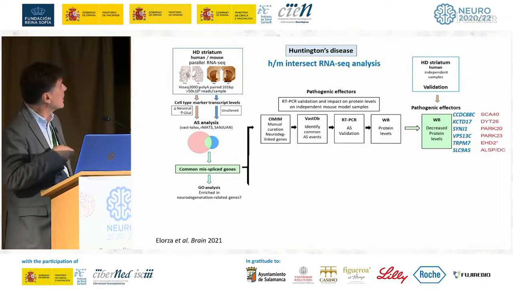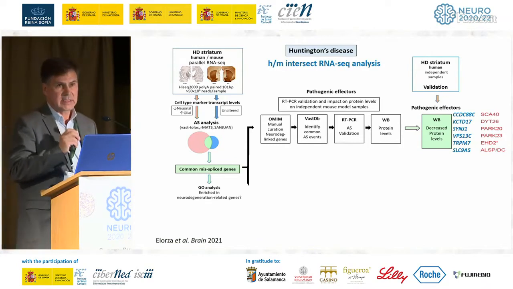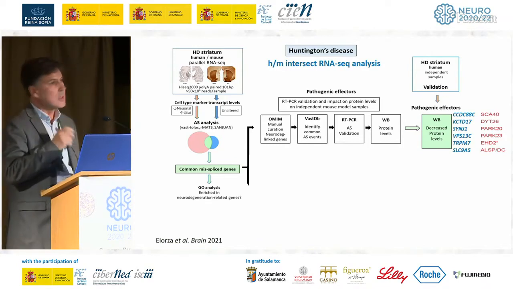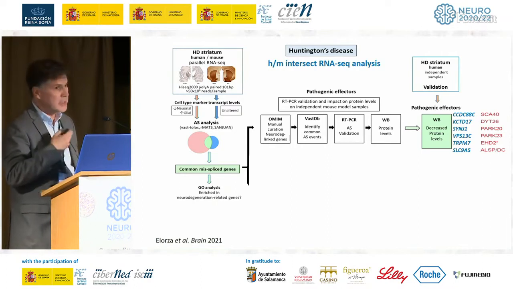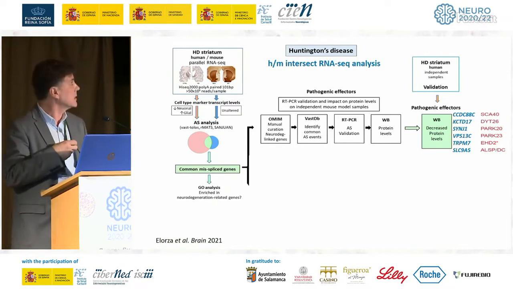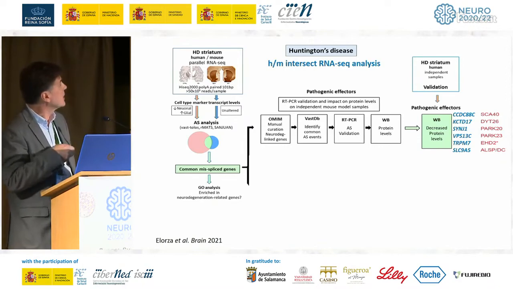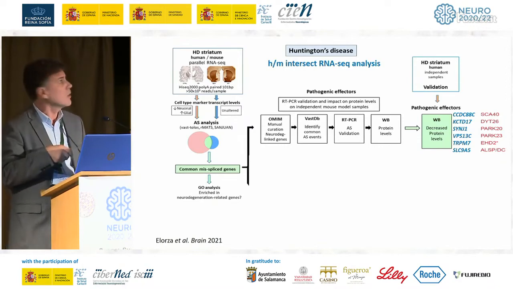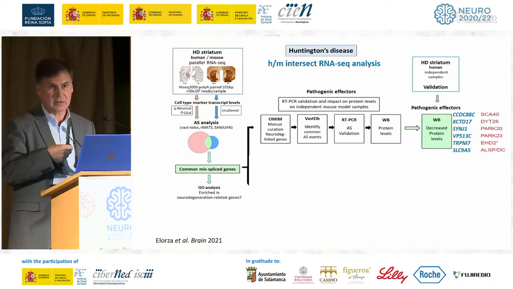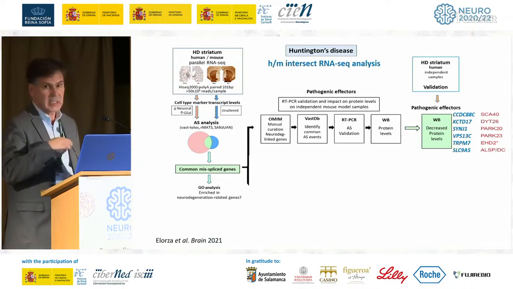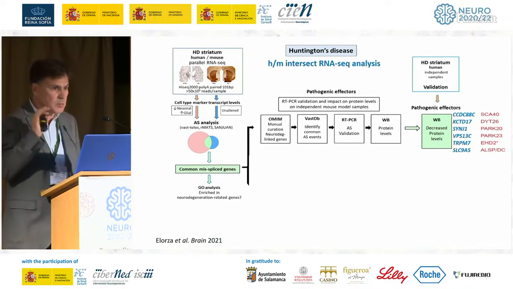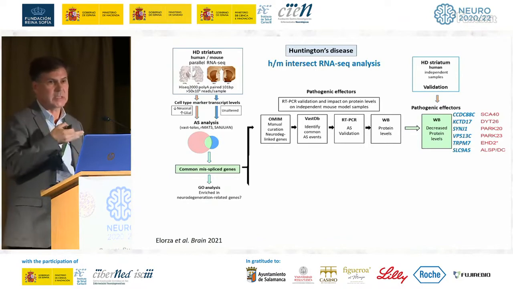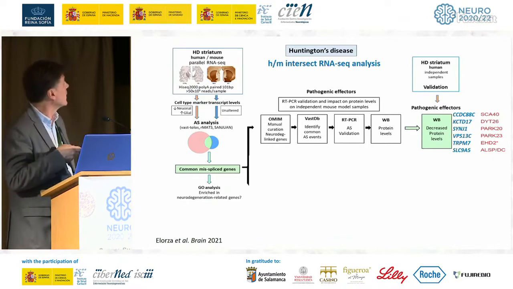And this allowed us to identify 6 genes that are linked to 6 neurodegenerative or neuromuscular diseases, and whose missplicing in the striatum of Huntington disease correlates with decreased protein levels of these genes, and therefore each of them becomes a new target potentially for therapeutic intervention, same as TAF1 or tau that we have found before.